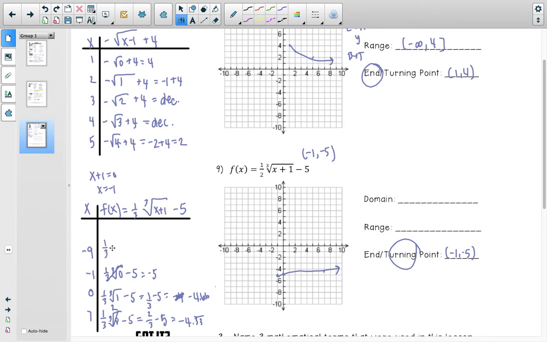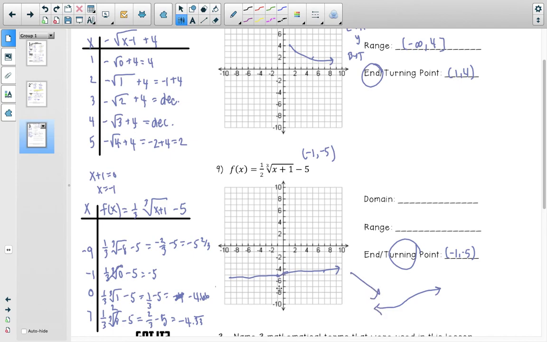So we get 1/3 cube root of negative 8 minus 5. That gets you negative 2/3 minus 5, which is negative 5 and 2/3. So negative 9, 5 2/3 is somewhere down in here. This graph is looking real rough. I don't even know if I can complete this with the way this thing is. It's so awkward. So the graph should look something like this.